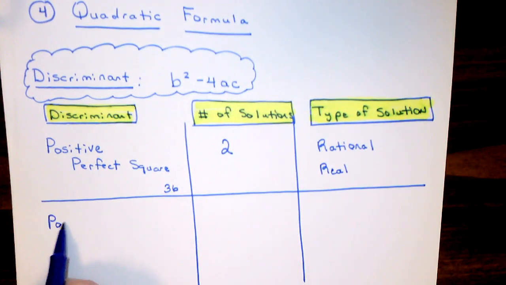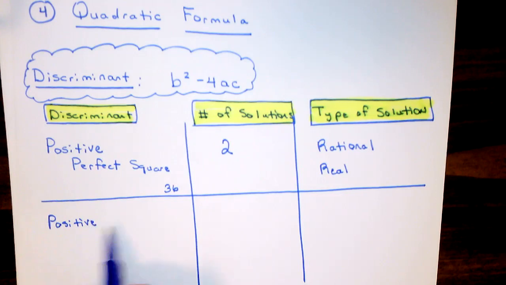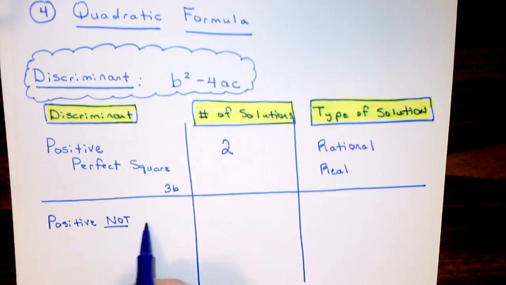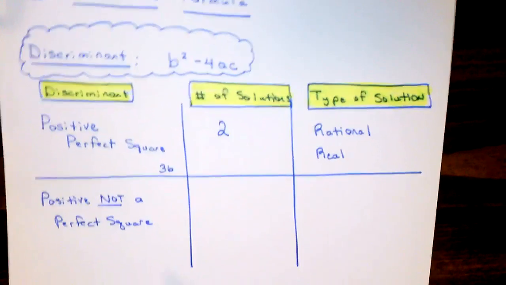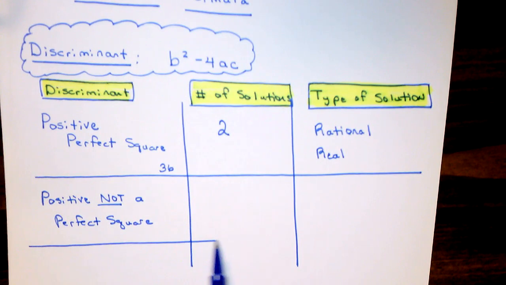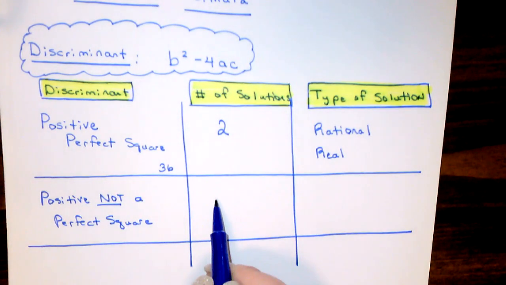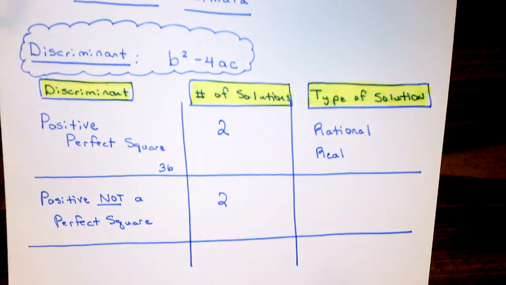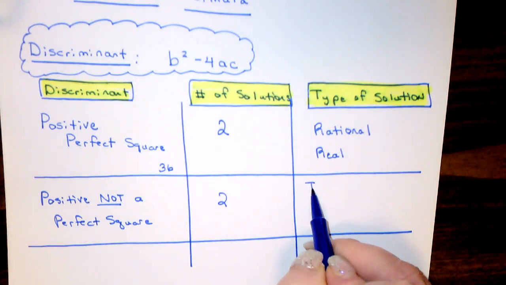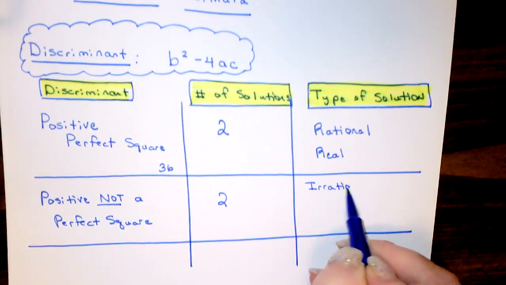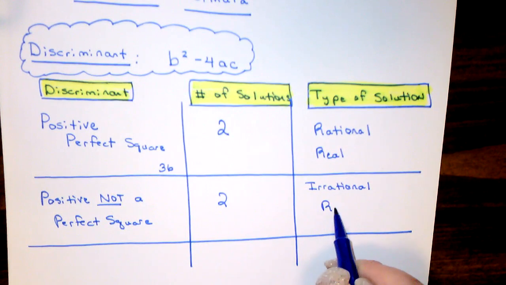Okay, if you get a positive, not a perfect square, you're still going to get 2 solutions, but instead of rational, it would be irrational. They're still going to be real numbers.